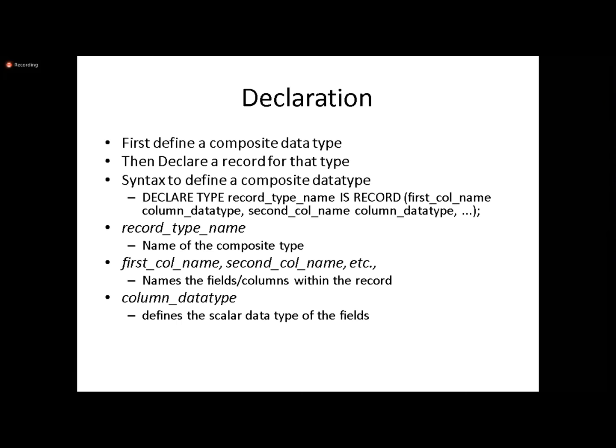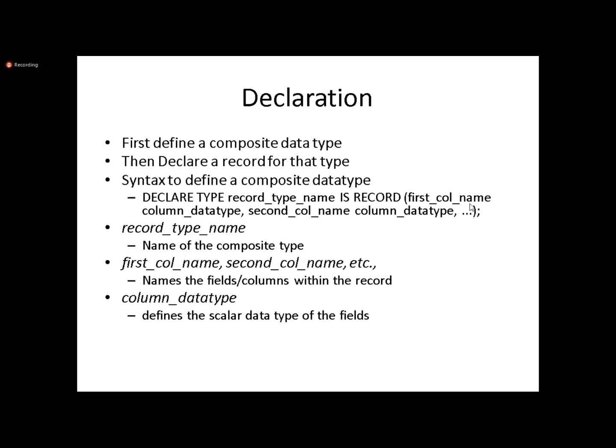With that you can do many different computations. This is the basic syntax of a record. You have to declare the type, then your record type name, then the IS keyword, then the set of columns to be included. Here the name of the record is the name of the composite data type.